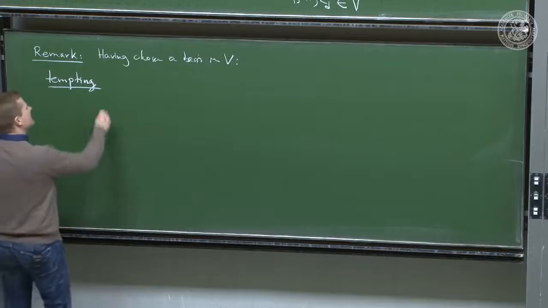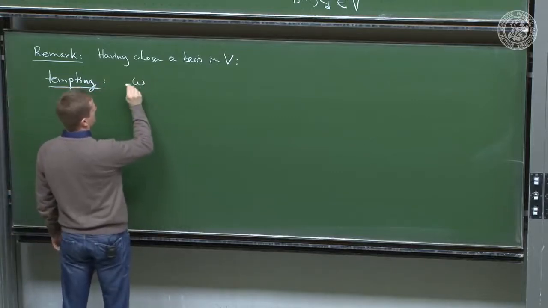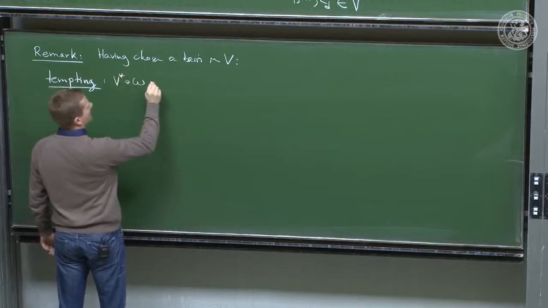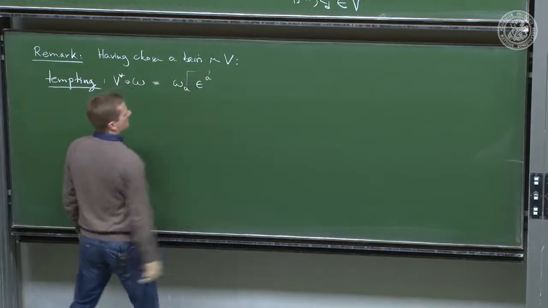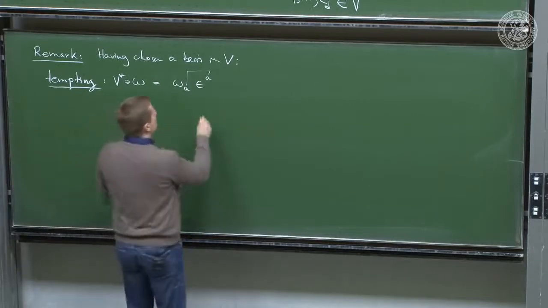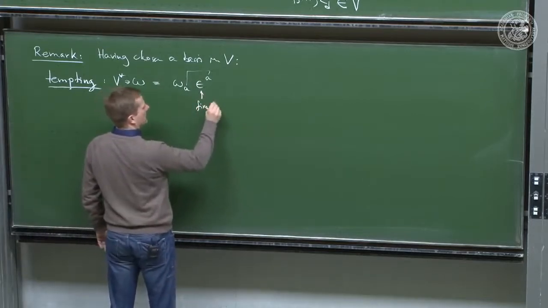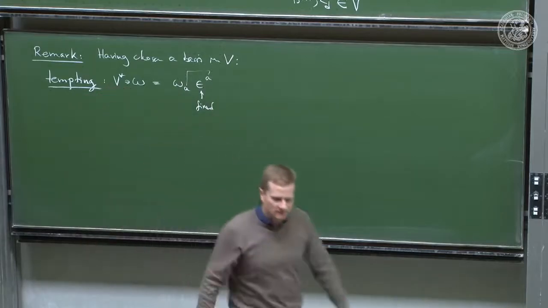Okay? So it's very tempting to then say, well, an omega, which is a covector, can be expanded as omega A epsilon A using the summation convention. But because the basis is chosen, so this is fixed, it's very tempting. So the tempting part is this one.